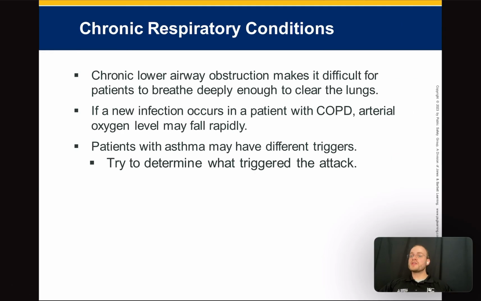So chronic respiratory conditions like COPD make it difficult for the patient to breathe deeply enough to clear out the lungs, so they end up with infection. We've talked about this. If a new infection occurs in a patient with COPD, the arterial level of oxygen will fall very rapidly. The same thing happens if they stop breathing.